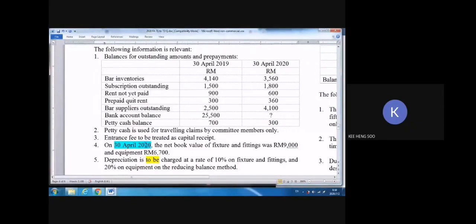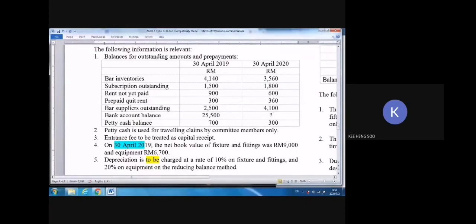Another student suggested I change it to 2019. Okay, I accept. If I change to 2019, my question has to make it very clear that the net book value is last year's figures. Then this depreciation is to be charged at 10%. Clear? So that is the English problem.